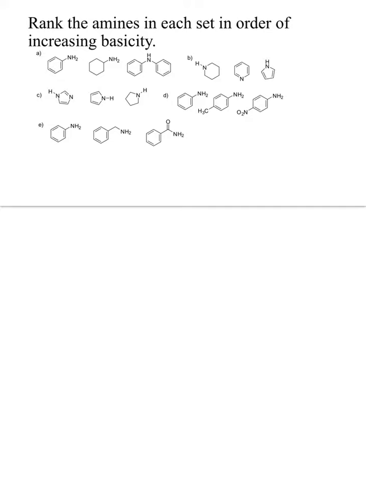We're supposed to rank the amines in each set in order of increasing basicity. First I would apply your rules and then check, so you get familiar with using pKa values, because they're available to you. The first one here, you have an aromatic amine. Let's put increasing basicity, with the most basic on this side and the least basic here.